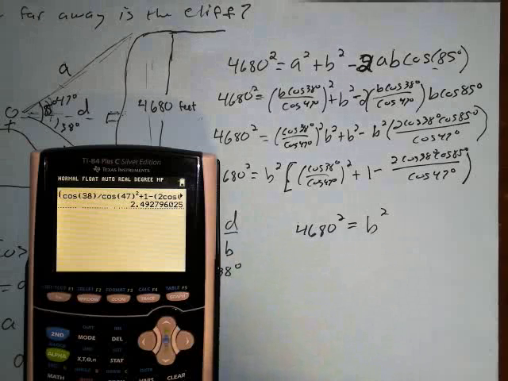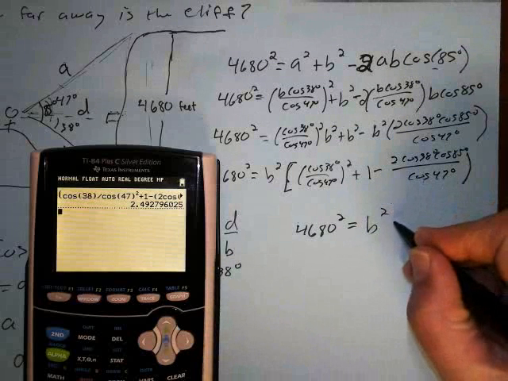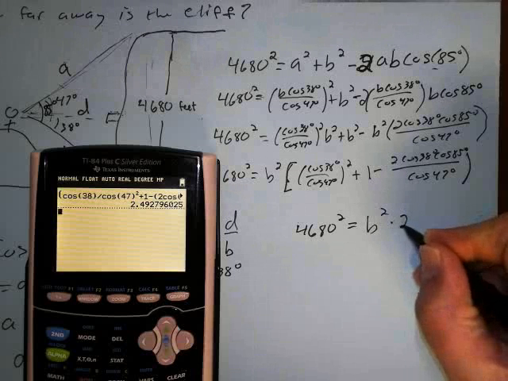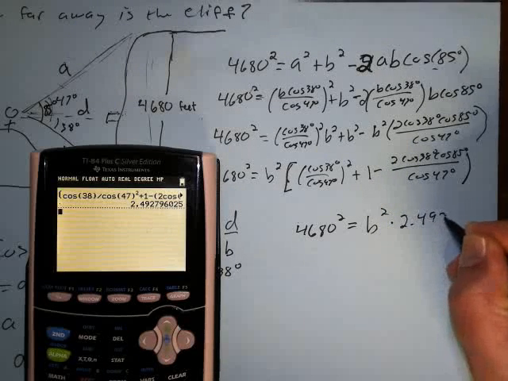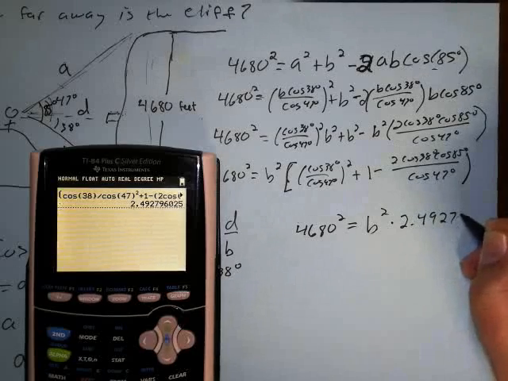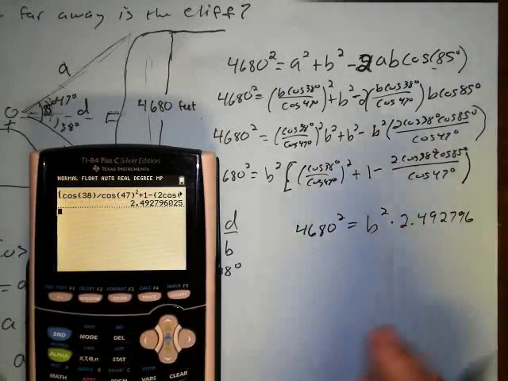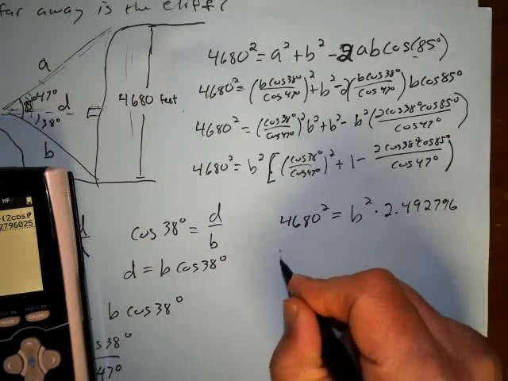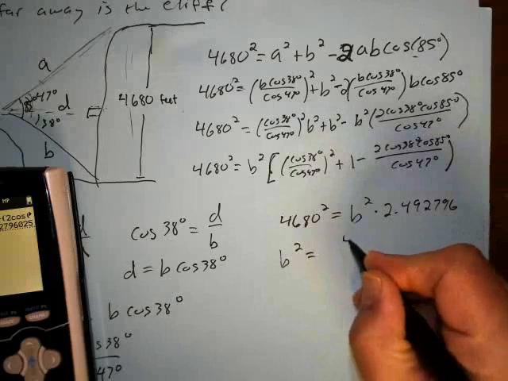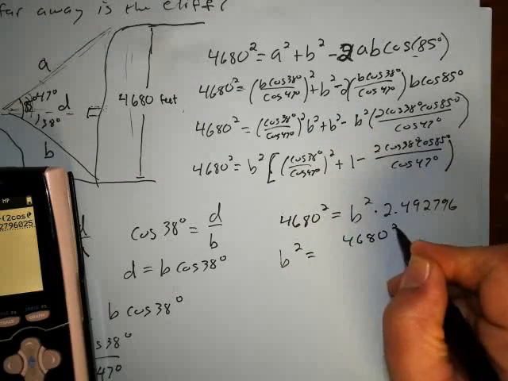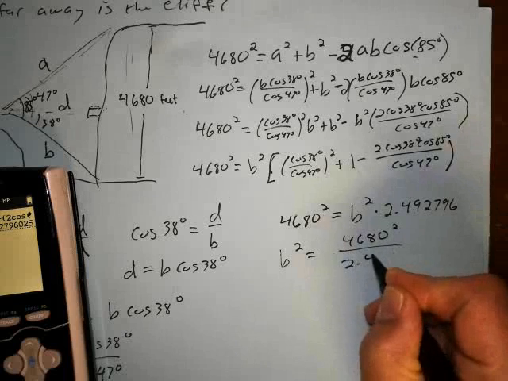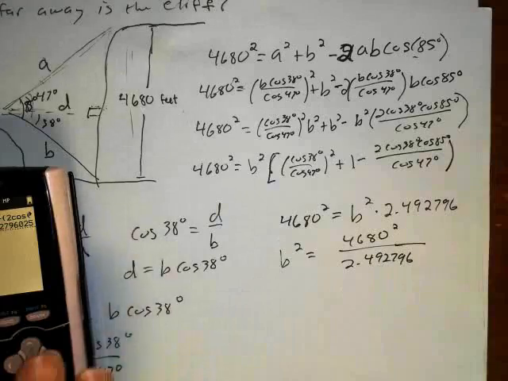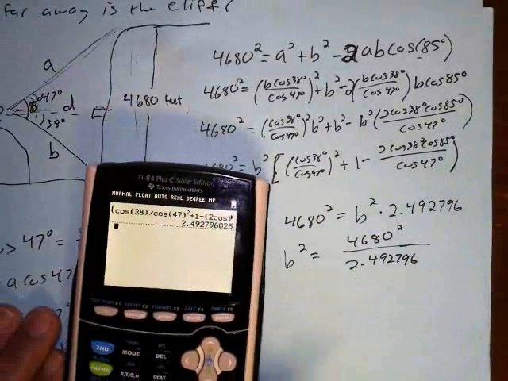And then that whole thing is like b squared times 2.49276, and I'll just keep it there. So what I get here is that b squared is equal to 4,680 squared over 2.492796. But I have it in here, so I'm going to use that expression.